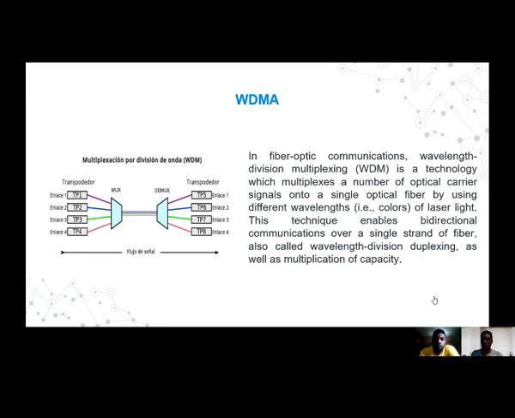WDMA. In fiber optic communication, wavelength division multiplexing is a technology which multiplexes a number of optical carrier signals onto a single optical fiber by using different wavelengths of laser light. This technique enables bidirectional communication over a single strand of fiber, also called wavelength division duplexing, as well as multiplication of capacity.